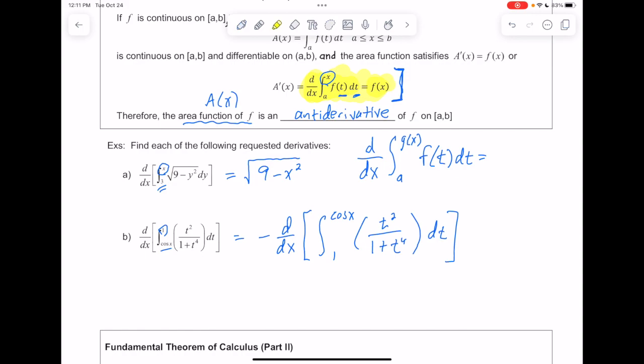What we've got for our chain rule here is the inside function is g of x and the outside function is f, because that g of x is going to get plugged into the function. Remember that this x right here got plugged in there. So that upper limit of integration is our inside function. What happens when you do this?